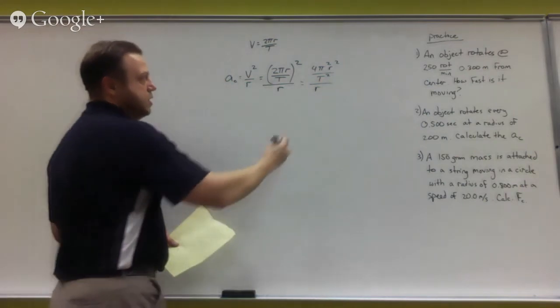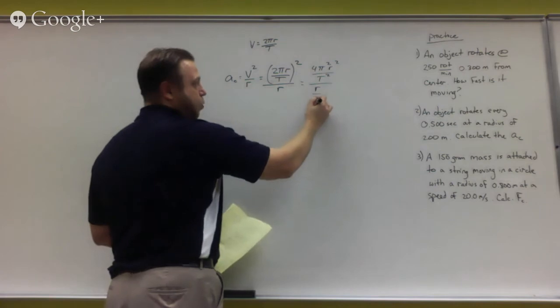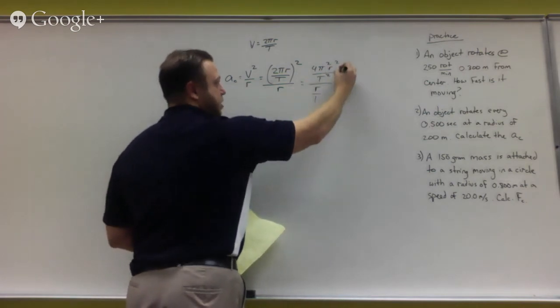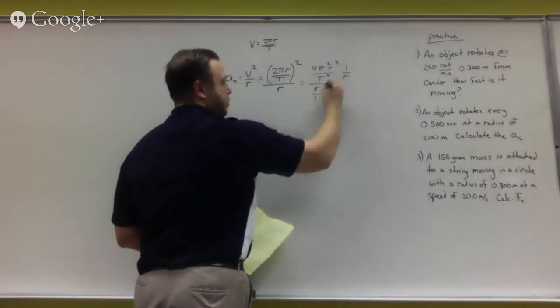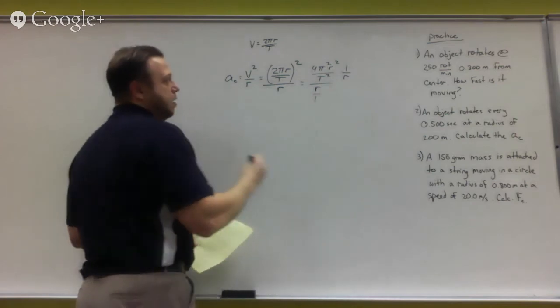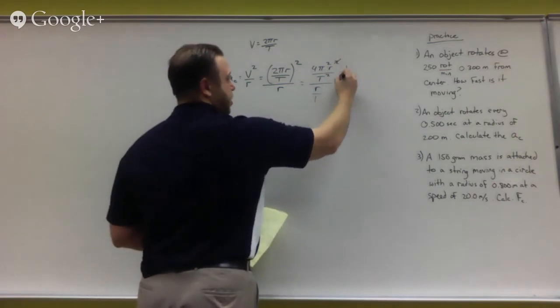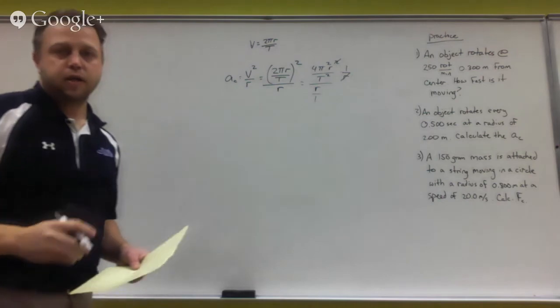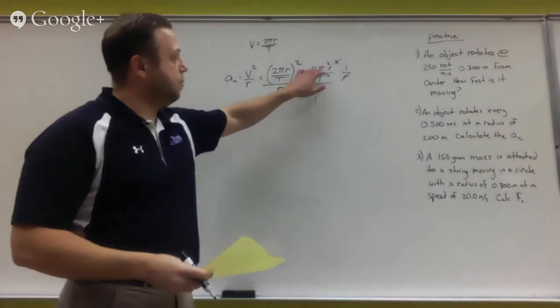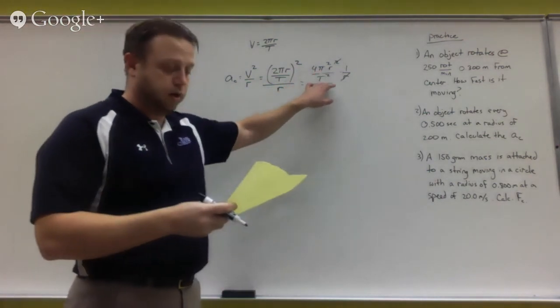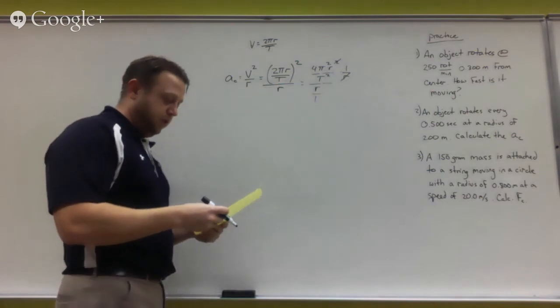That's the same thing as saying r over 1, so when I invert it, this is 1 over r, and r squared cancels that out. So I'm essentially left with 4 pi squared times r over t squared.